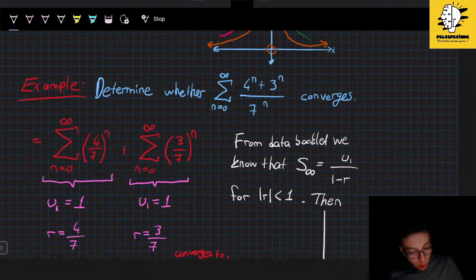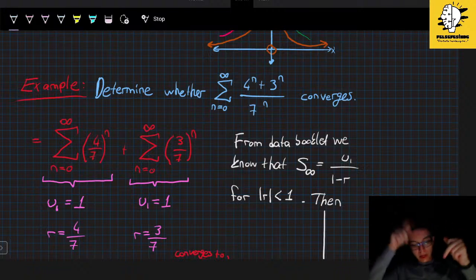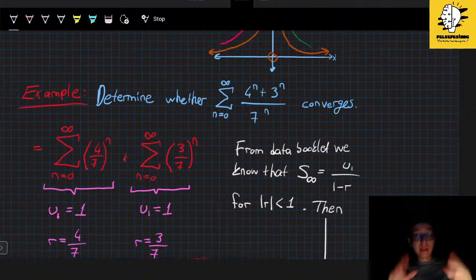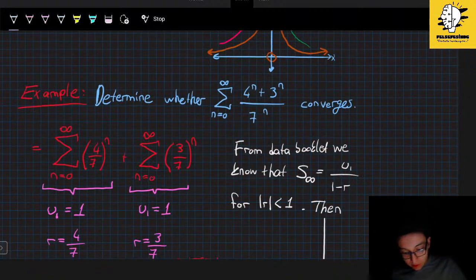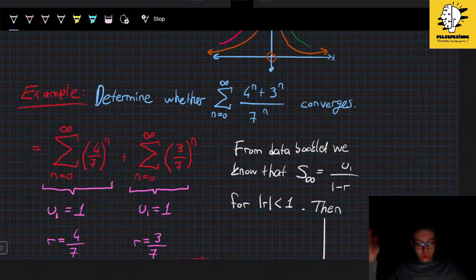I said, okay, let's divide them. 4 over 7 to the power n, plus sigma. We can divide sigma this way. If we are able to divide this function into two parts by using the common denominator, we can also divide the sigma with the same notation. And the second part will be 3 over 7 to the power n.